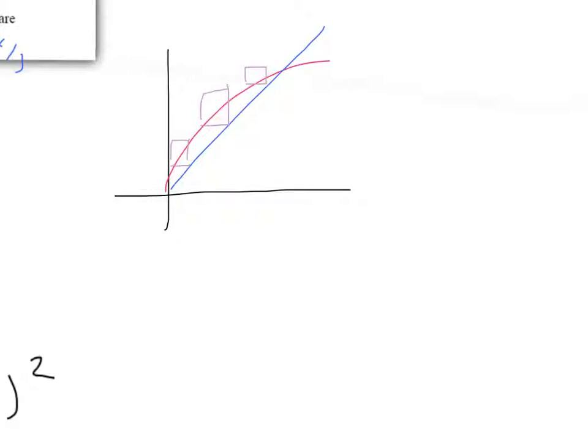We said before that x was equal to y squared and x is equal to 3y.